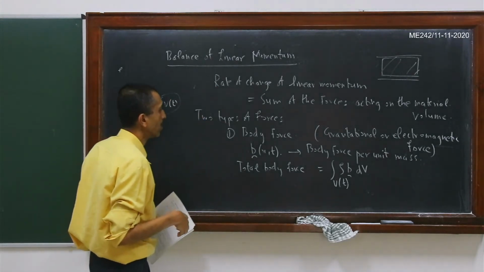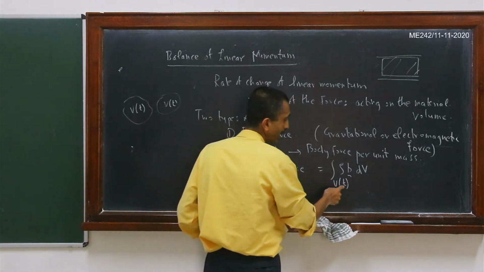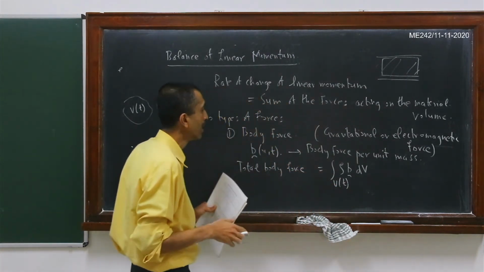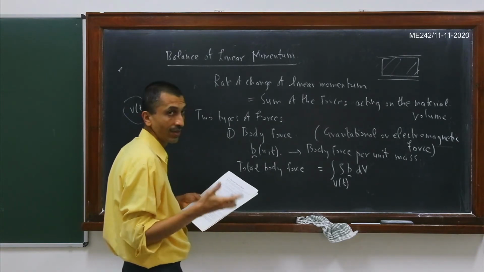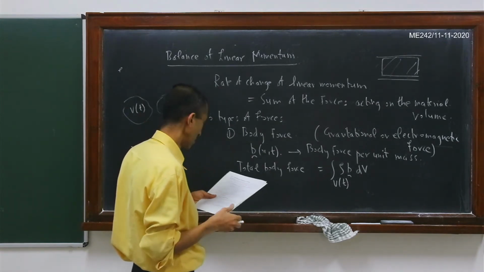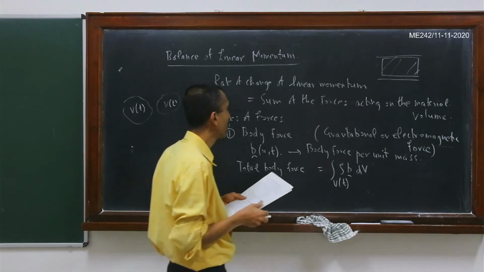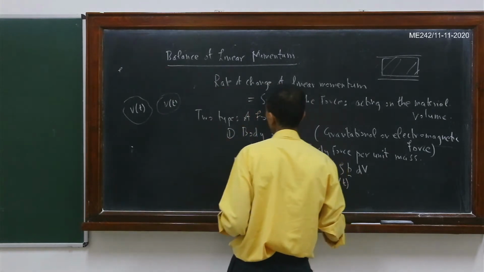Yes. So this V of t indicates that this is a material volume, and then this is the body force, the total body force that is acting at a given instant in time on that material volume there. Fine. Then now let us talk about surface forces.